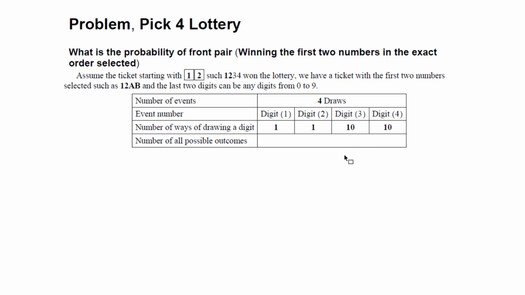So what is the number of all possible outcomes of these winning tickets? It is 1 times 1 times 10 times 10, which is 100 ways. So we have 100 winning tickets in such a case, and the probability is going to be 100 divided by 10,000, so it's 1 out of 100.